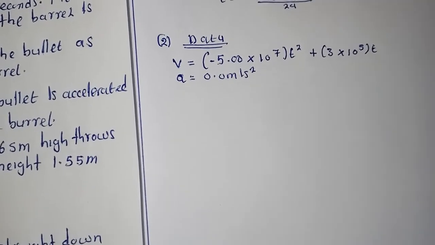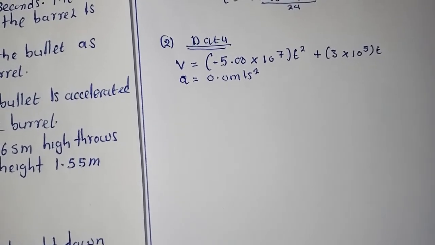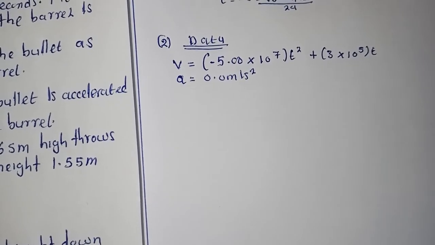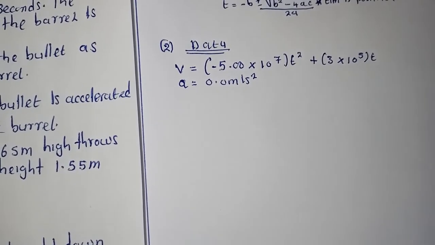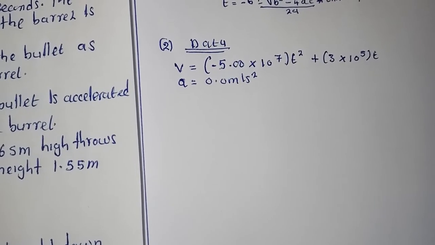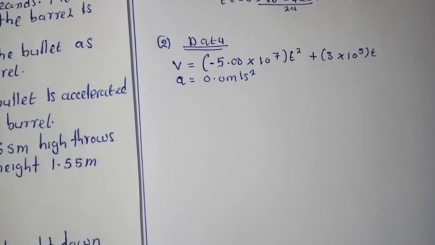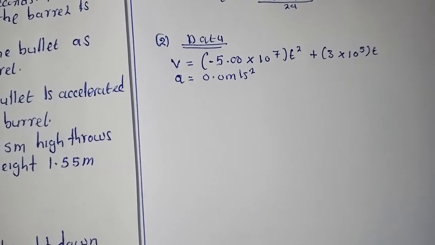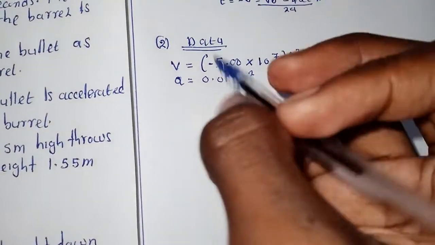So we know that when we find dv over dt, we're differentiating, then automatically we're finding the acceleration. So you differentiate velocity, you find the acceleration. You integrate velocity, you find the displacement. So let's do the needful.